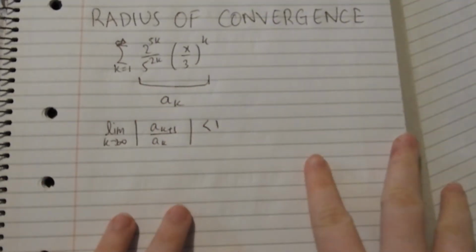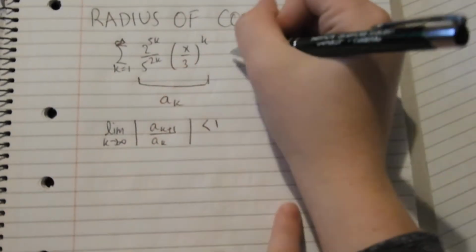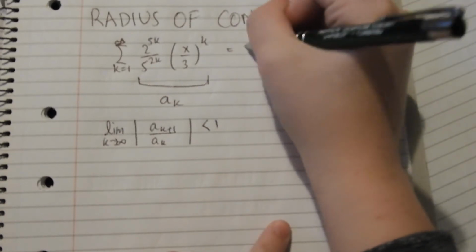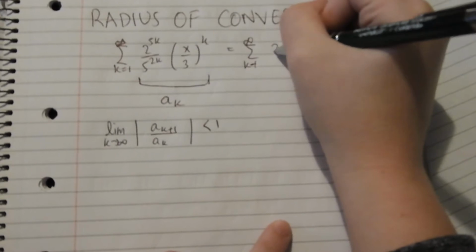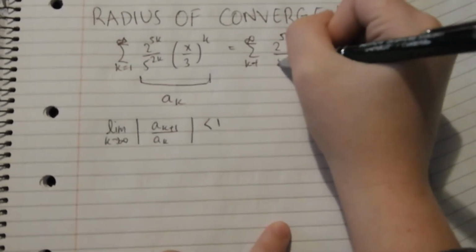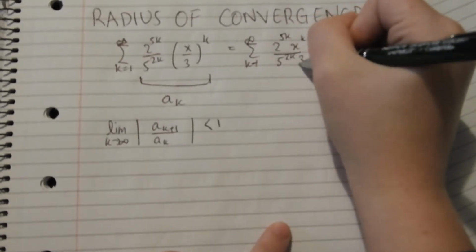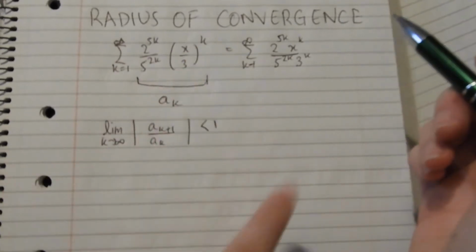That's what we need to do. So we can rewrite this to make it easier: the sum from k equals 1 to infinity of 2 to the 5k x to the k divided by 5 to the 2k 3 to the k. All I did here was get rid of these two fractions because they're just being annoying.